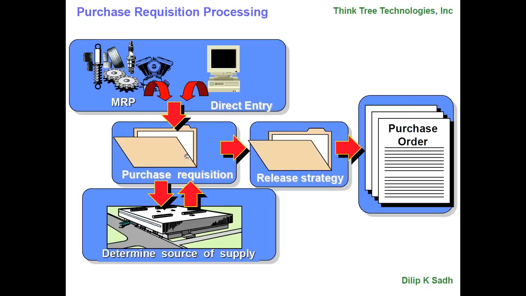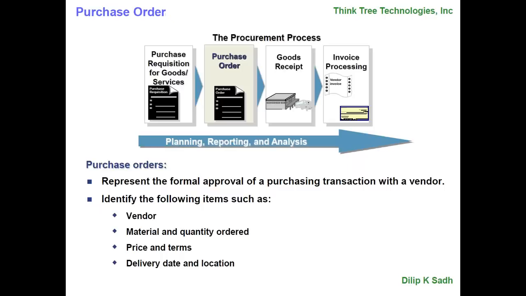Once we create a purchase requisition, we determine who is the right source, and then we create a release strategy, approval strategy, and we approve and we create a purchase order. This is how a purchase requisition processing happens.